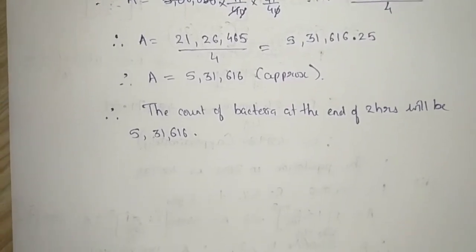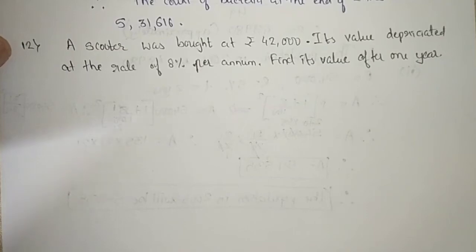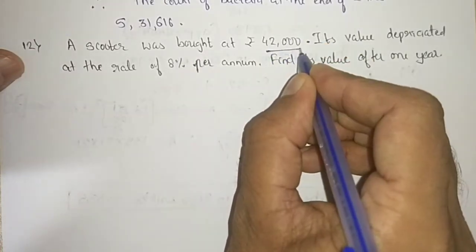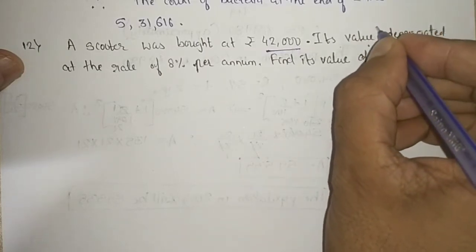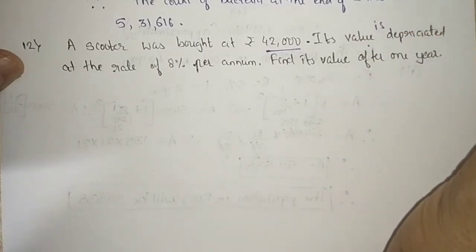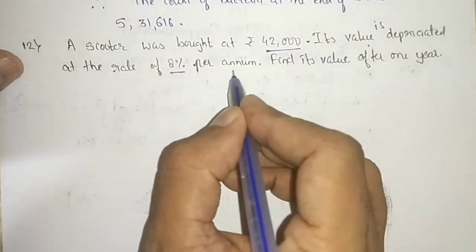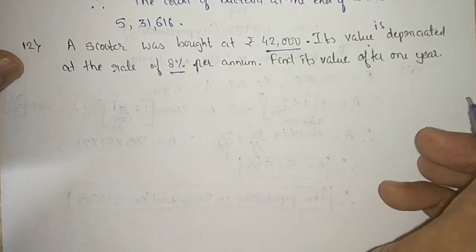Let us solve question number 12 as well here itself. So question number 12 says, a scooter was bought at rupees 42,000. Its value is depreciated at the rate of 8% per annum. Find its value after 1 year.